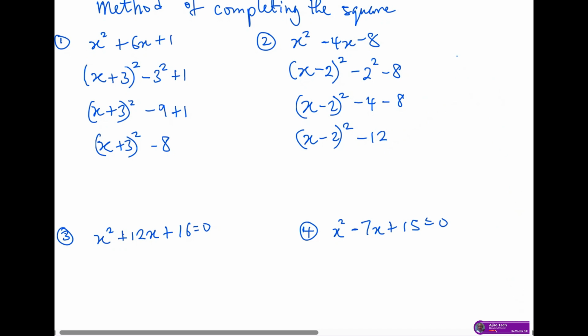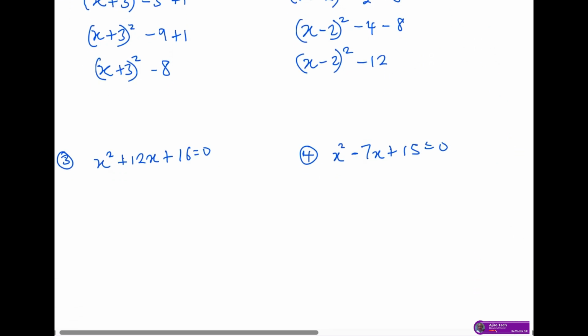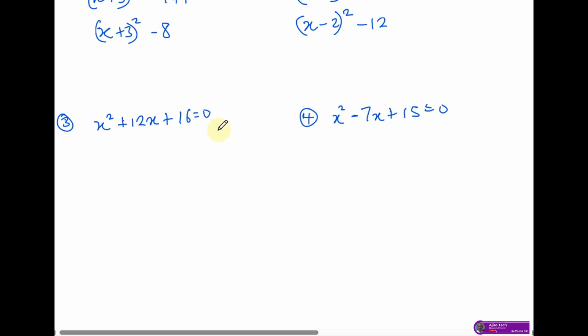Now, let's look at the next question. When it is an equation, what do we do? Again, I'll take bracket x plus half of 12 is 6 squared, minus 6 squared plus 16 equal to 0.